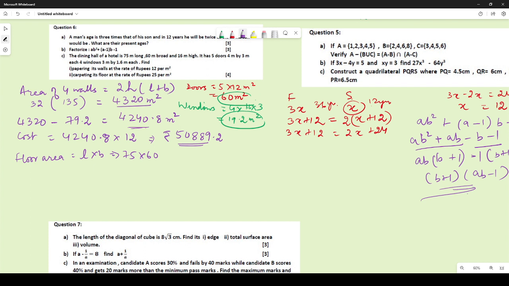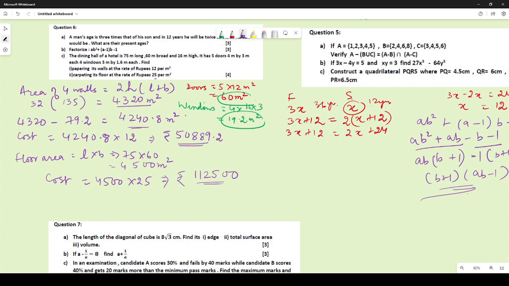That makes it 4500 square meters. इसको जब हम 25 से मल्टीप्लाई करेंगे, 25 रुपीज़ पर स्क्वायर मीटर. सो 4500 into 25 will give you rupees. That comes up to rupees 112500 rupees. So that will be the cost.